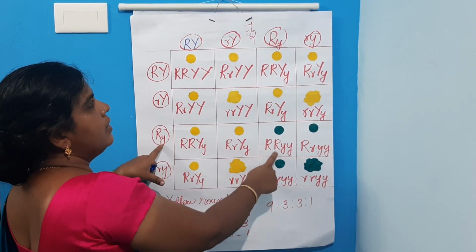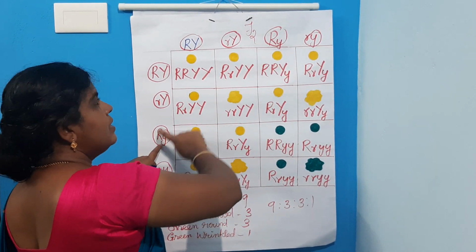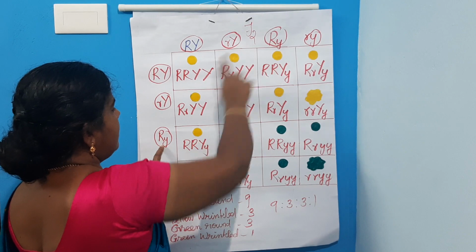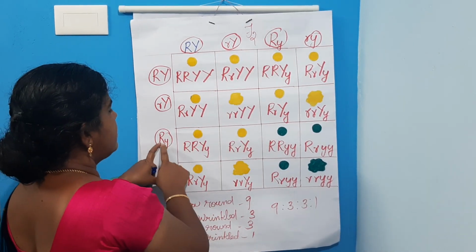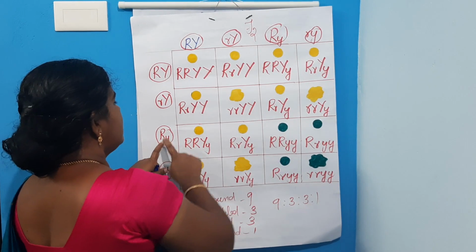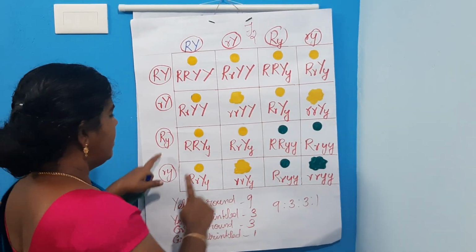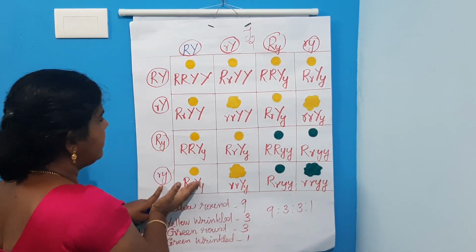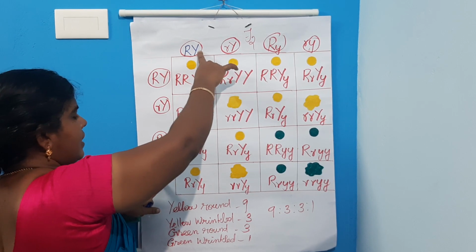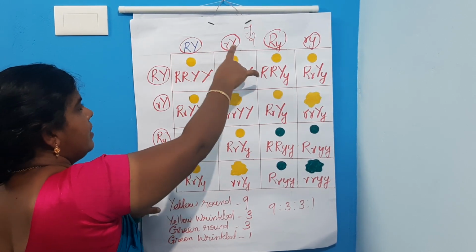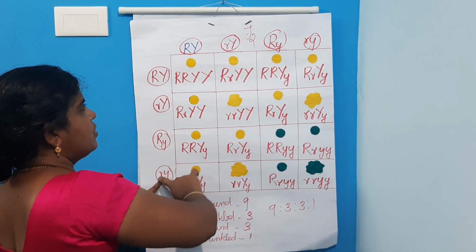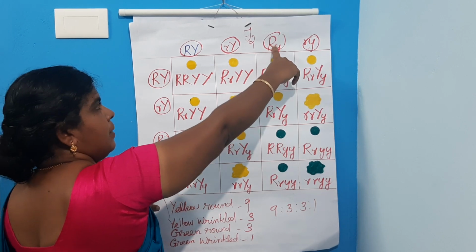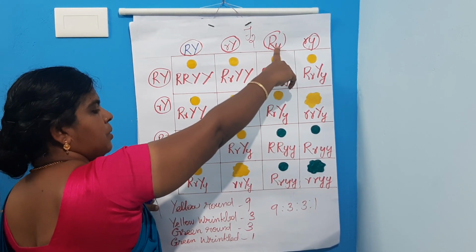Write down here. Then capital R, capital R, small y, small y, and capital R, small r, small y, small y. Then capital R, capital R, capital Y, small y. Then small r, small r, capital Y, small y. Here, capital R, small r, small y, small y.